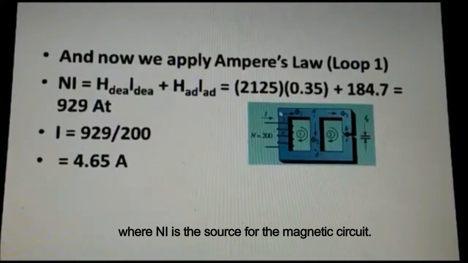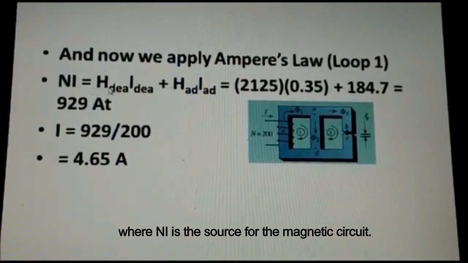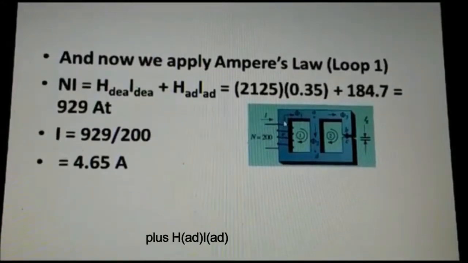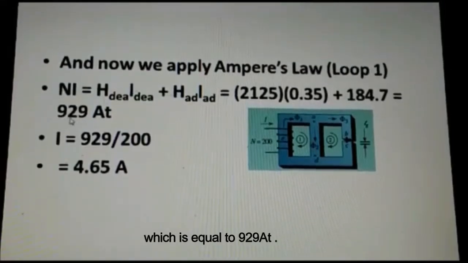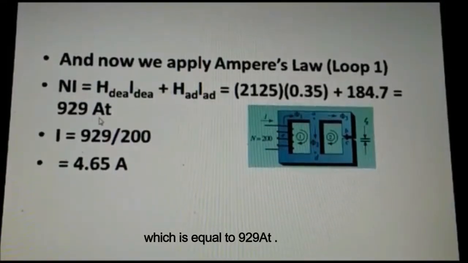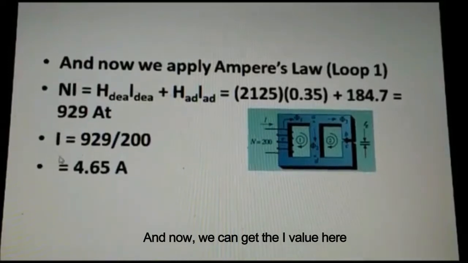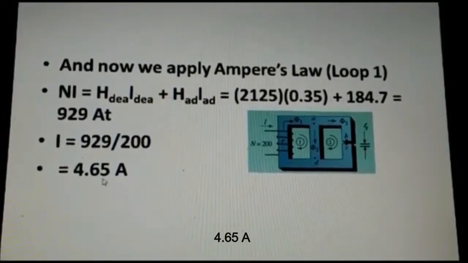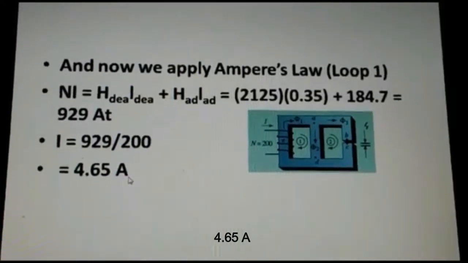And I is the source for the magnetic circuit, and is equal to HDEA IDEA plus HAD IAD, which is equal to 929 AD. And now we can get the I value here, which is equal to 4.65 ampere.